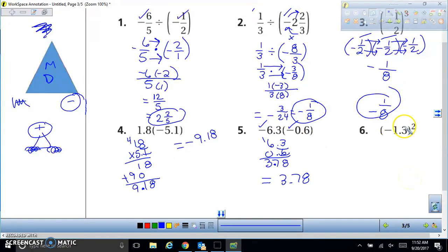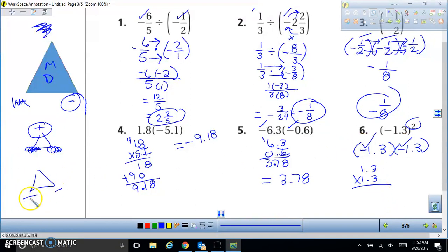Awesome. Last one. Negative 1.3 is inside the parentheses. So each time we're going to multiply by negative 1.3, and we're going to do this twice because that's what our exponent tells us to do. Set our problem up for a multiplication problem. Okay, let's keep track of signs. Negative times negative is positive.